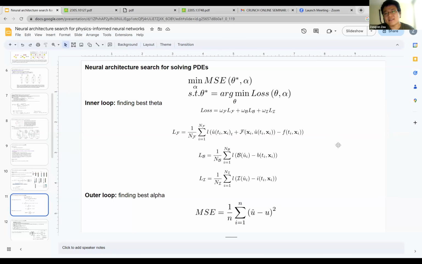No. Panos, I think this is an excellent question, and I think this is the main weakness of this paper: they assume the analytic or reference solution is known during this architecture search process. They didn't mention it, and they didn't resolve this issue. I think this is also a very key problem in neural architecture search with PINNs. Okay, thank you. Yeah.